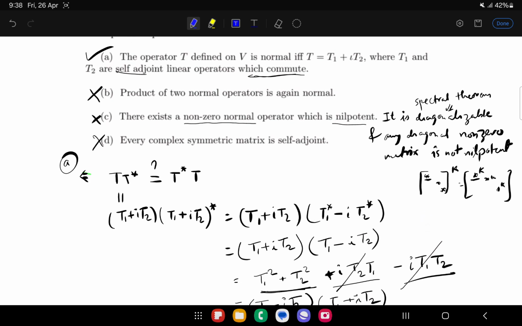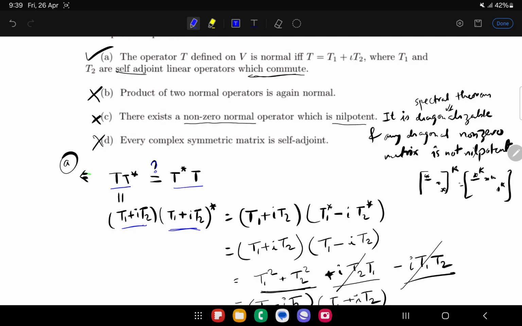Okay. One part we have shown here, that T star T is equal to T T star. We want to prove this, and we are assuming such a factorization exists. Okay, so here it is T, and this is T star.